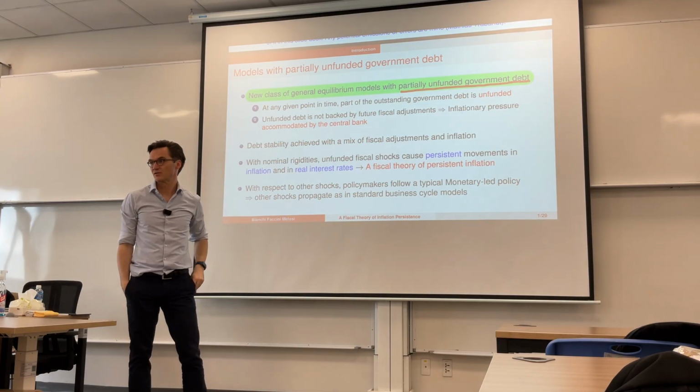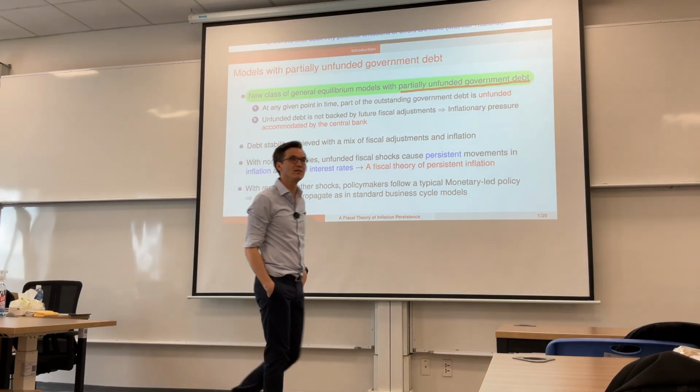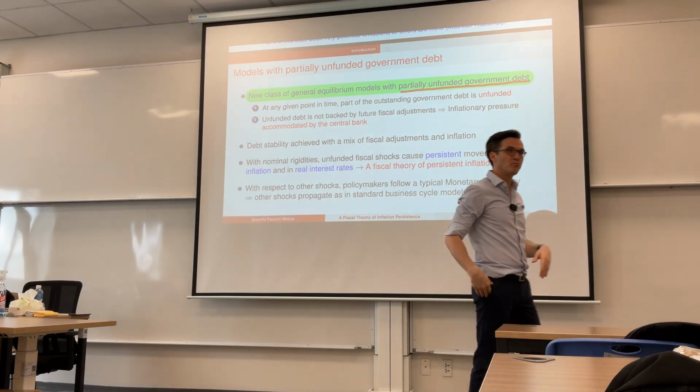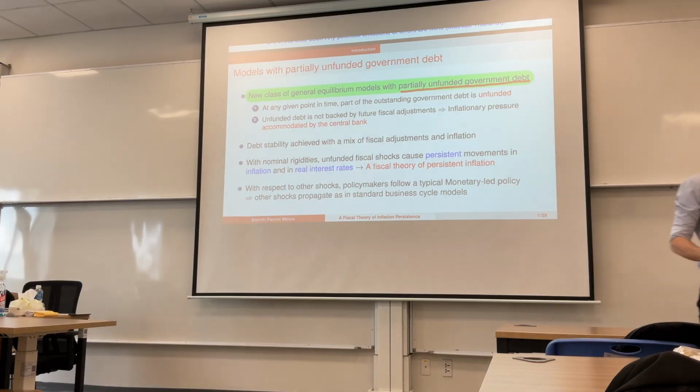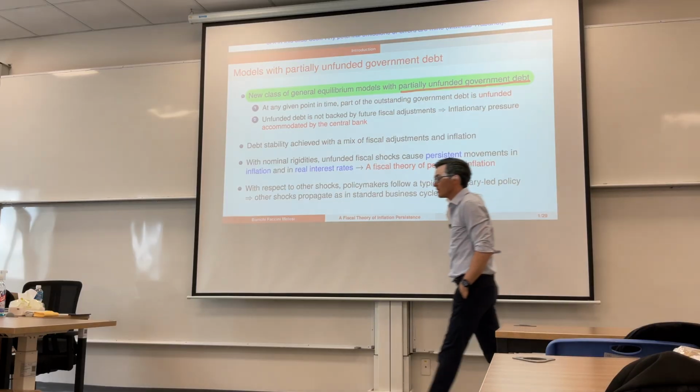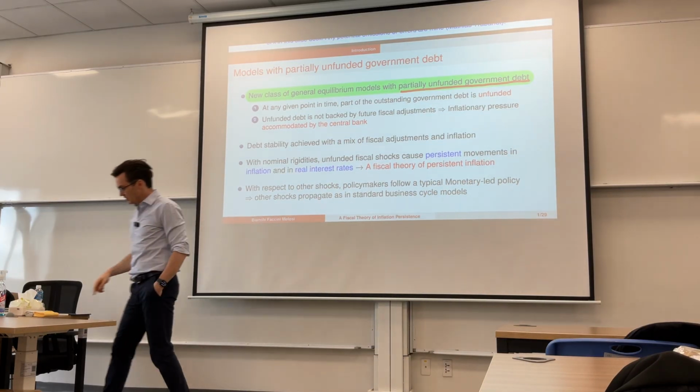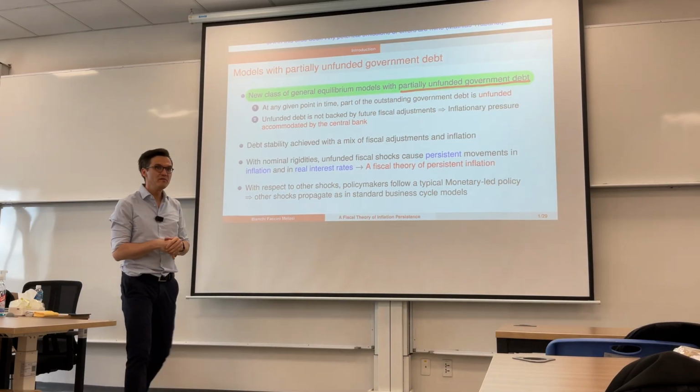These authors consider an interesting case when the government borrows money but hasn't written any laws on how to pay back the money. That's what they call unfunded government debt. So there is no backup plan for raising taxes in the future. Or, and that's where the partially comes in, the partially means that the government only, say, has a plan for 50% of the loan.